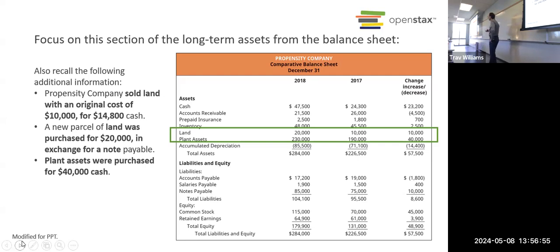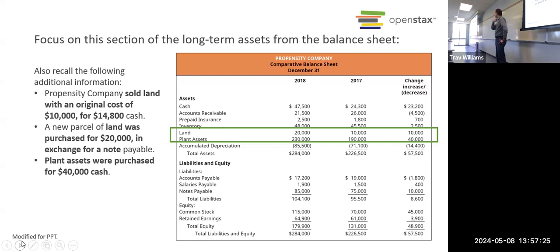Now, does that necessarily mean we used cash to acquire those extra assets? Not necessarily, right? So this is helpful, but it doesn't tell us the whole picture. When we look here, it says we sold land that cost $10,000. We sold it for $14,800. Okay, but remember, our land went up by $10,000.